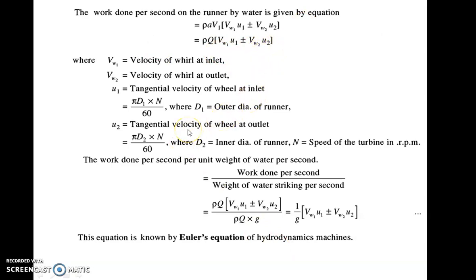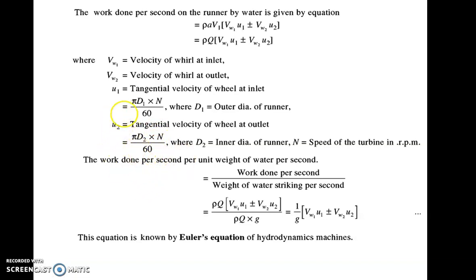Here U1 and U2 are different, which were the same in the case of impulse turbine. Now it is a radial curved vane, that's why U1 and U2 are not the same. So while calculating U1, you have to take pi d1 n by 60, and for U2 you have to take pi d2 n by 60, because the inlet and outlet are at different distances from the center line of the shaft.